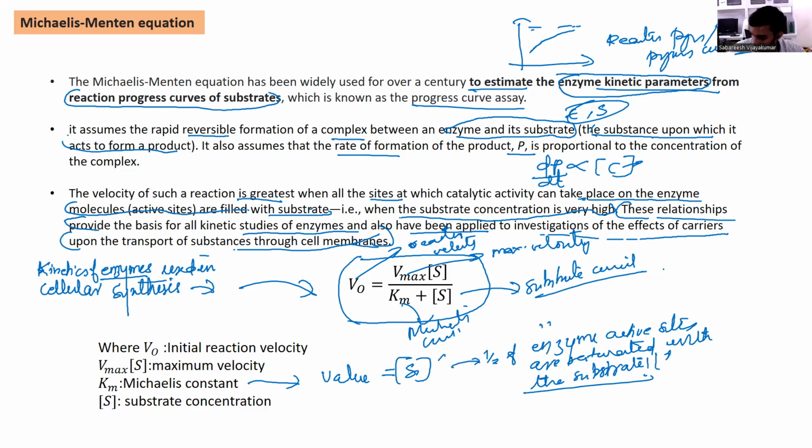So the saturation state will be determined by the Michaelis constant when half of the enzyme active sites are saturated with the substrate.